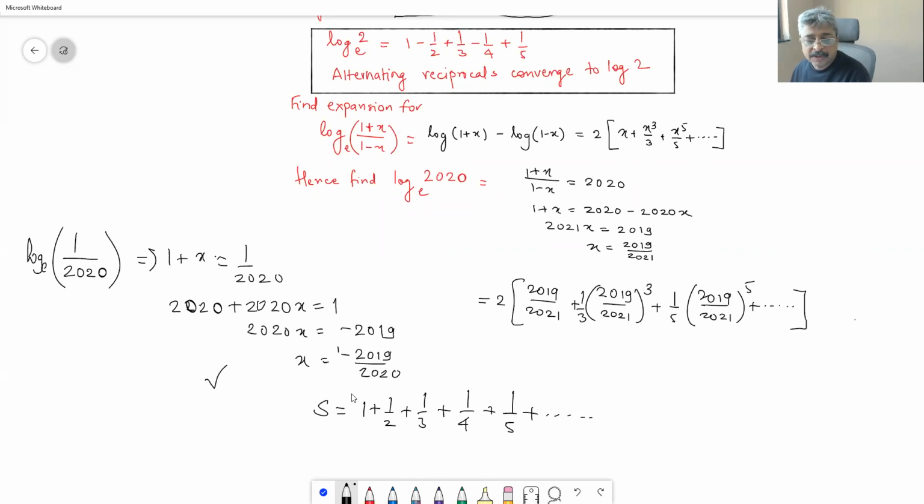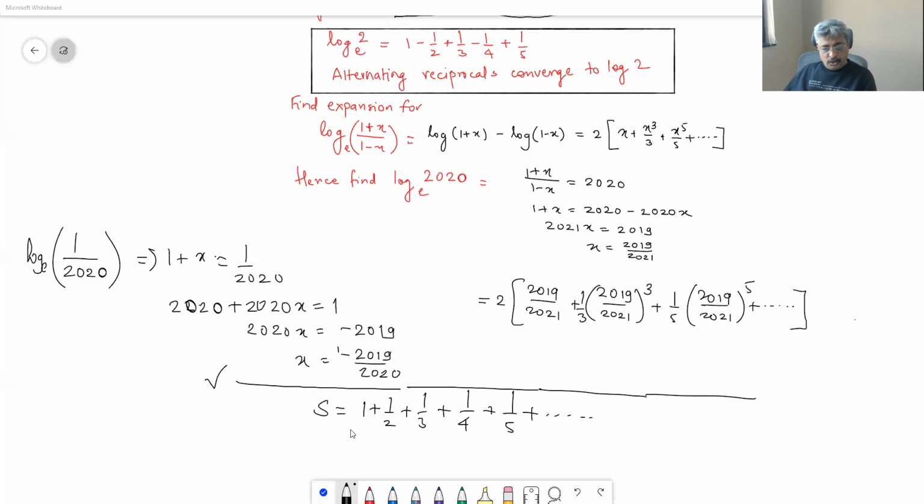What will happen to this? That is a new question, and whatever is your answer, you should have a proof for that. We wish to find out what this S is, the summation of reciprocals of natural numbers as n tends to infinity.